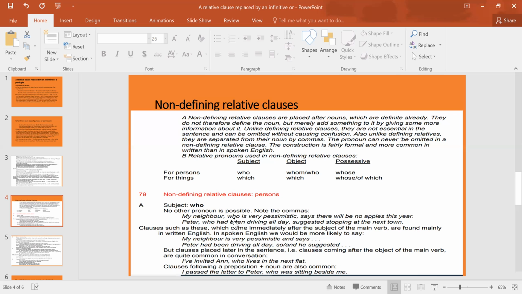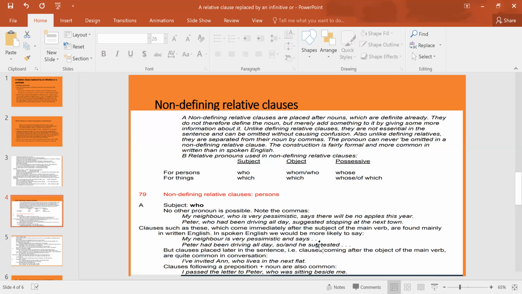Again we are adding some more information to this neighbor in the form of a non-defining relative clause. My neighbor, who is very pessimistic, says there will be no apples this year. So this who is very pessimistic is a non-defining clause, which is defining this my neighbor. Clauses such as these, which come immediately after the subject of the main clause, are found mainly in written English.